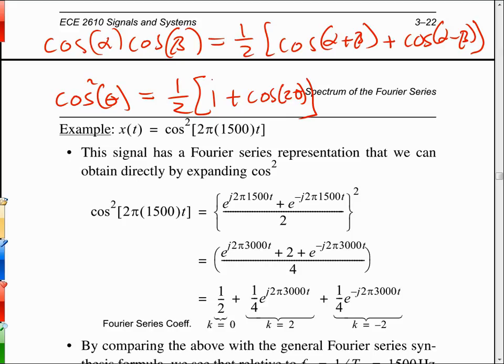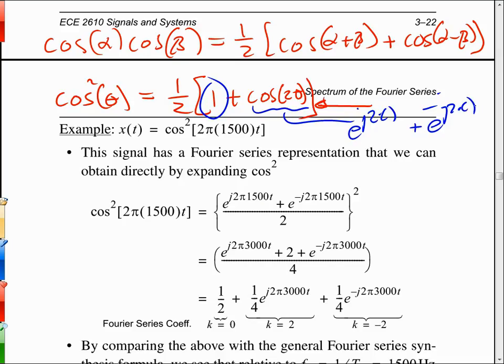So if we look at this simple form right here, how could we look at that in terms of the Fourier decomposition? We just apply Euler's identity to it and say that we've got a pure DC component, and then this term right here is just an e to the j 2 times something, plus an e to the minus j 2 times something.